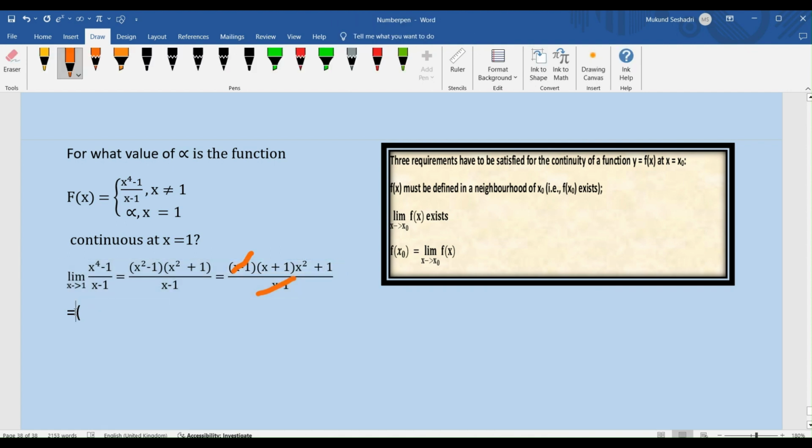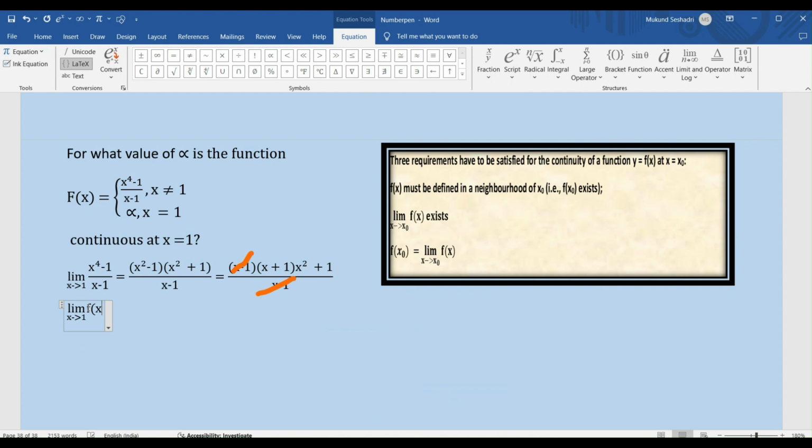That's the limit. Now for the function to be continuous at x equals 1, I need to have my limit as x tends to 1 of f of x equal to f of 1, which is nothing but my alpha, because I've been given that at x equals 1, the function takes a value alpha. So let's write that out.